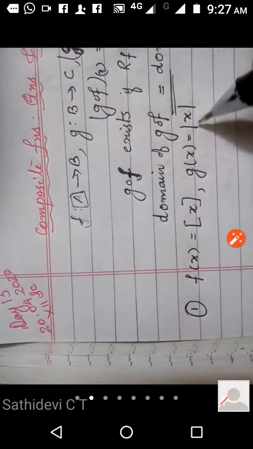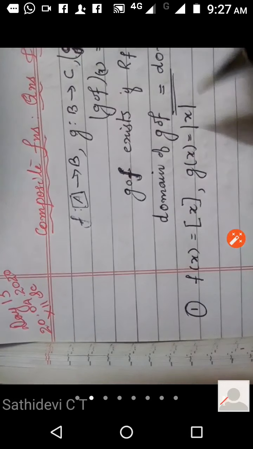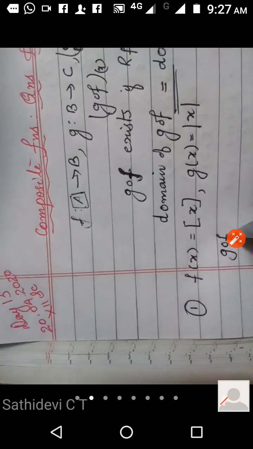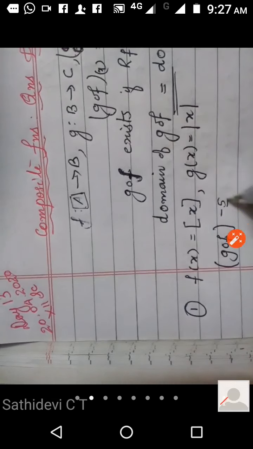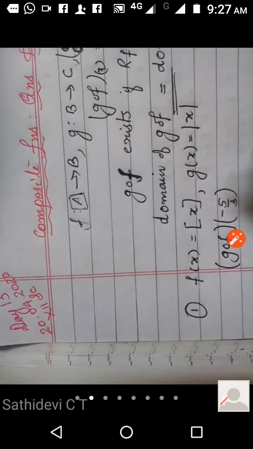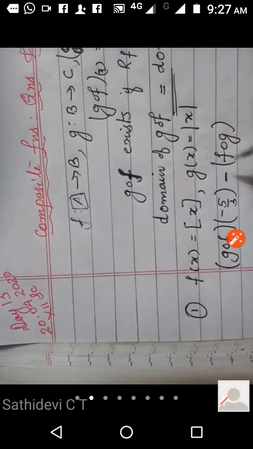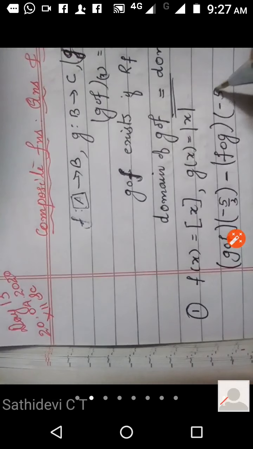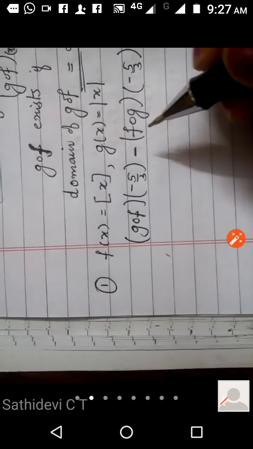Another name for modulus function is absolute value function. And you are asked to find out G composite F operated on minus 5 by 3 minus F composite G operated on minus 5 by 3. This is a 2-mark question.